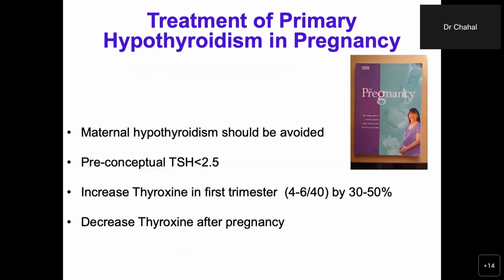The only other time to be careful about thyroid hormone levels are during pregnancy. And there is a lot of debate amongst gynecologists and endocrinologists in terms of the actual TSH level we should be looking at in conception and throughout pregnancy. The consensus is if someone does have primary hypothyroidism, we should be aiming for a TSH that's more nearer 2.5, which is different to if your patient isn't planning on getting pregnant.